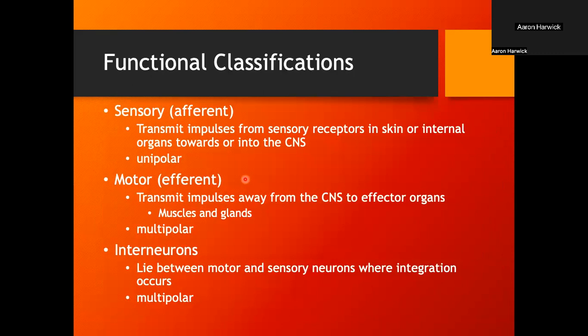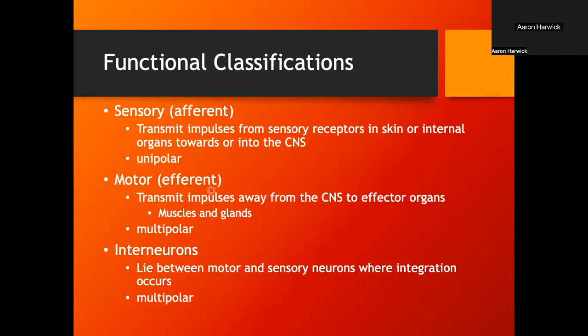And then from a functional standpoint, is it sensory, motor, or interneuron? Our sensory or afferent pathway neurons transmit impulses from sensory receptors in the skin or internal organs towards the central nervous system. Generally these will be unipolar.